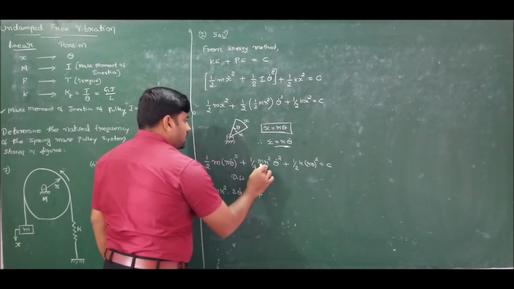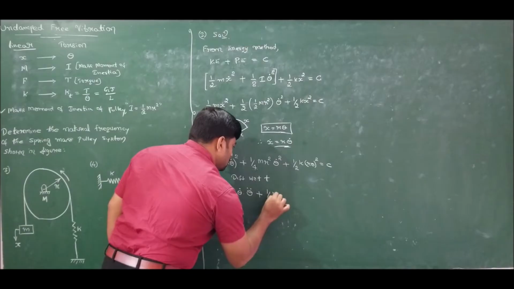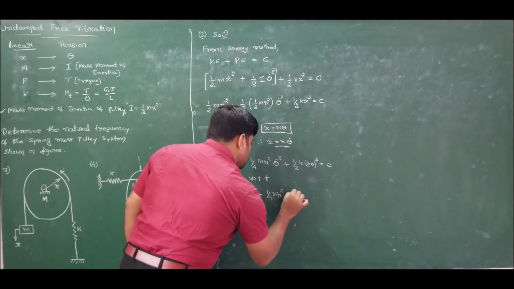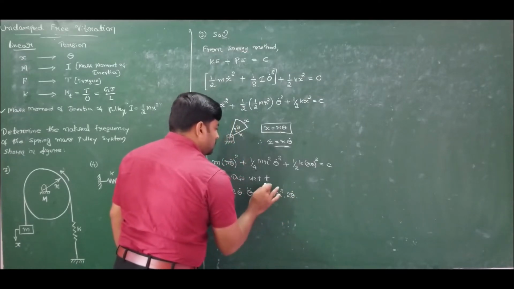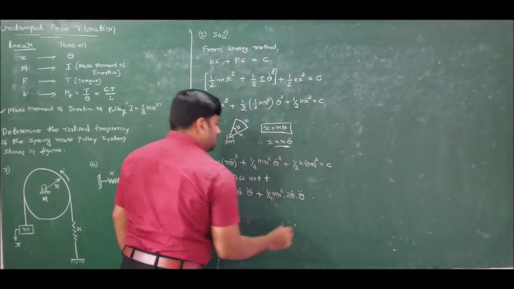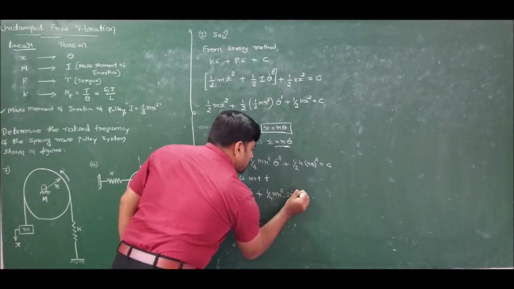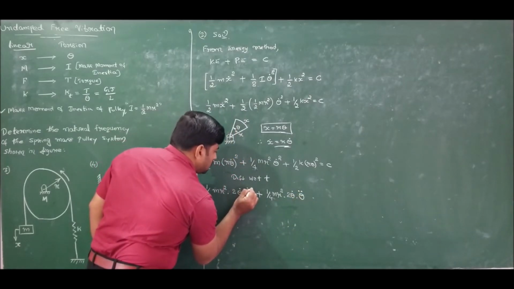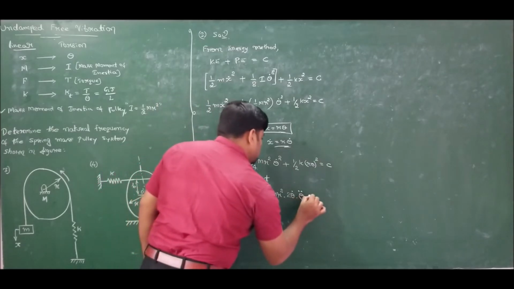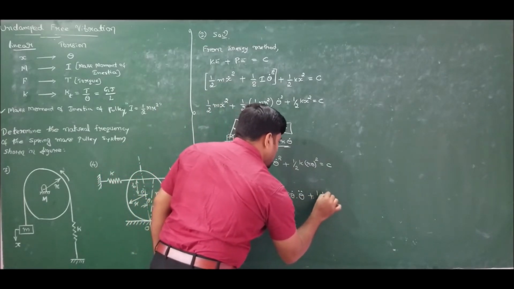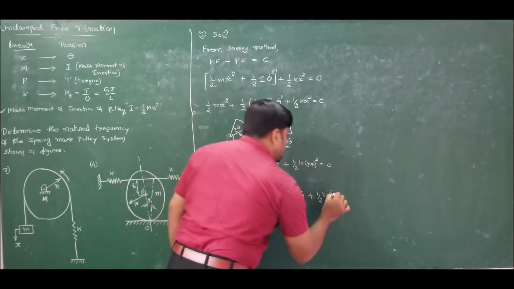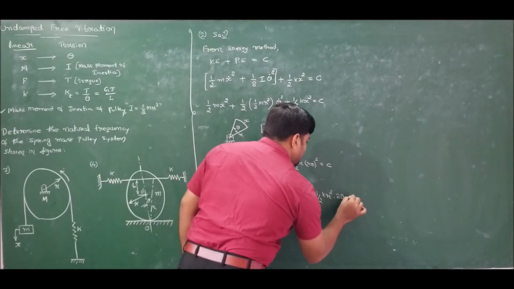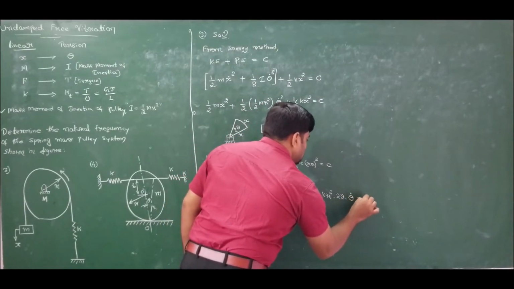plus one-fourth m r square, I will take out. Now differentiation of theta dot square gives us 2 theta dot, and differentiation of theta dot with respect to time is acceleration, that is theta double dot. So theta dot is angular velocity, theta is angular deflection, theta double dot is angular acceleration, plus half k r square, differentiation of theta square is 2 theta, again d theta by dt can be written as theta dot, this is equal to 0.